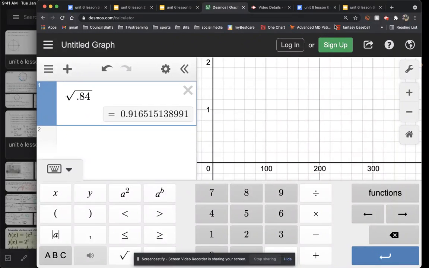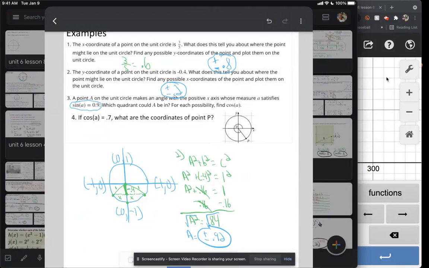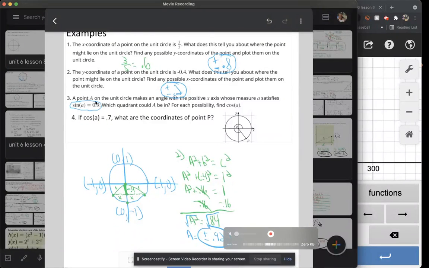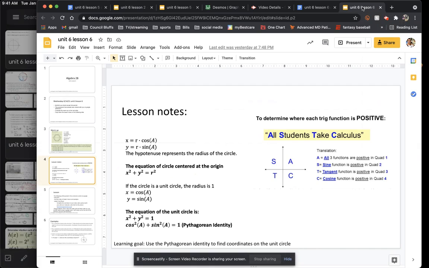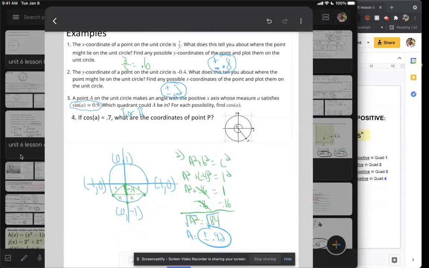If we go back and look at our lesson notes, sine can be positive in quadrant 1 and quadrant 2. So the first part of the question is, which quadrant could A be in? It could be in quadrant 1 or quadrant 2. For each possibility, find cosine of A.